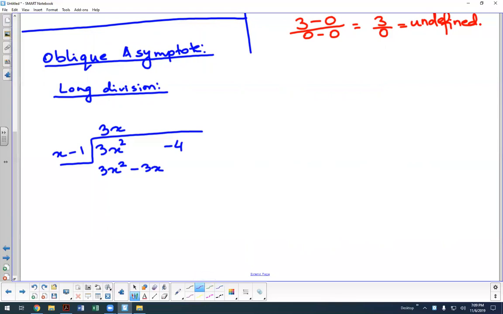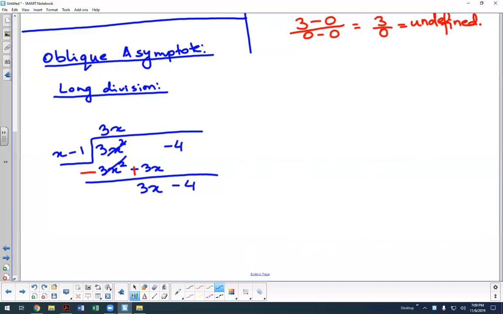Whenever we're doing long division, remember we need to subtract, which means we change our signs. This guy will become negative, and this guy will become positive. Which also means these guys will end up canceling out. I'm left with a positive 3x. Bring down that negative 4. Same question, if I have a 3x here and an x here, what should I have in my quotient?